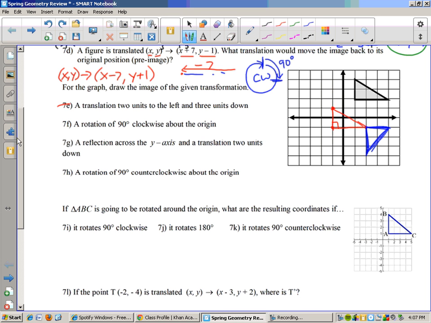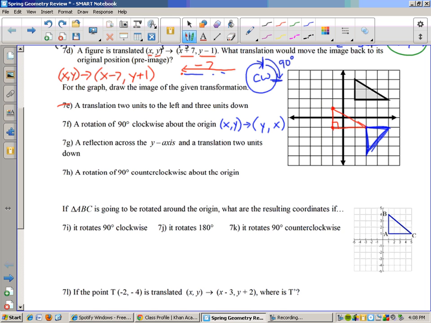If you want to do the more algebraic method, you can remember that a rotation of 90 degrees clockwise is x comma y becomes, now two things are going to happen. One, they are going to swap variables. So the x is going to become the y, and the y is going to become the x.